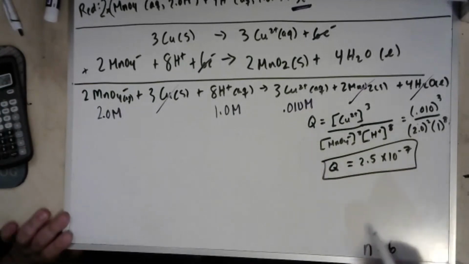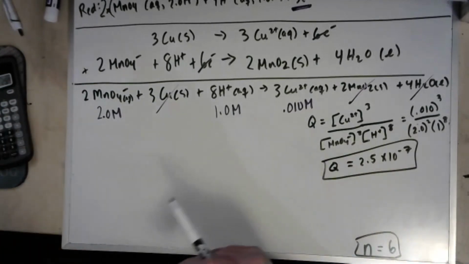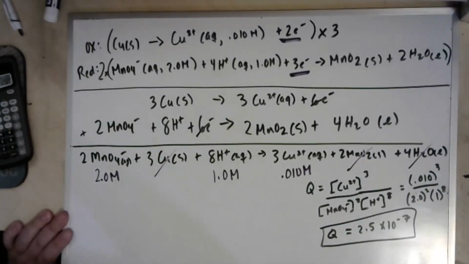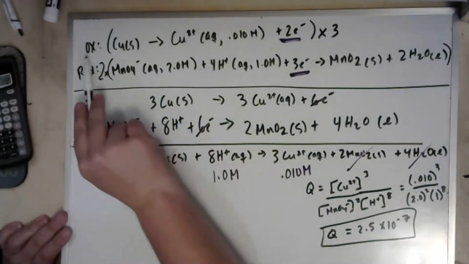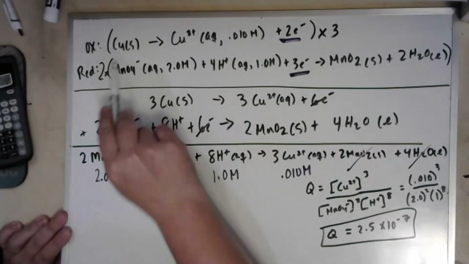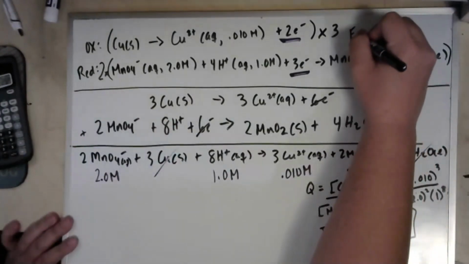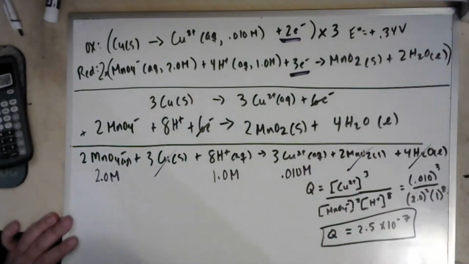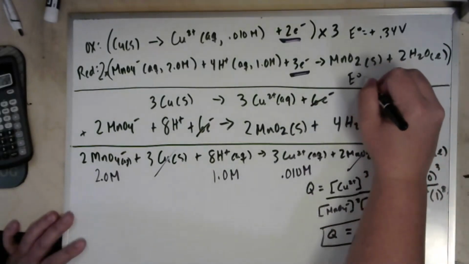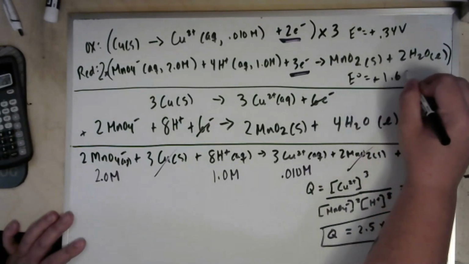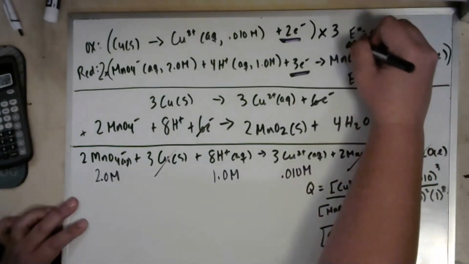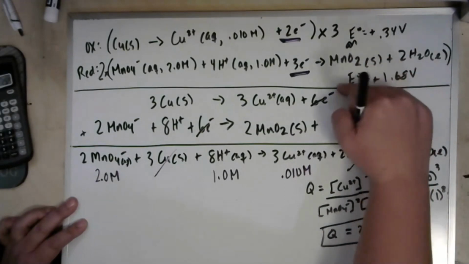Okay, so now we have two things that we need. We have a Q value and we have an N value. Now we need an E cell value. So we're going to go back and look at our standard reduction potential table. The reduction potential for copper is going to be positive 0.34 volts. The reduction potential for the permanganate is going to be positive 1.68 volts. Okay, so again, this is going to be our anode, and this is going to be our cathode.